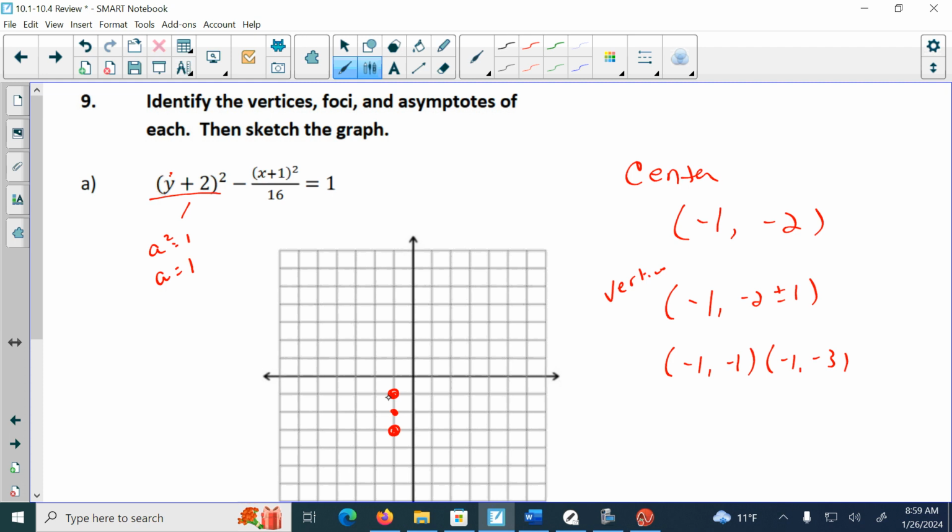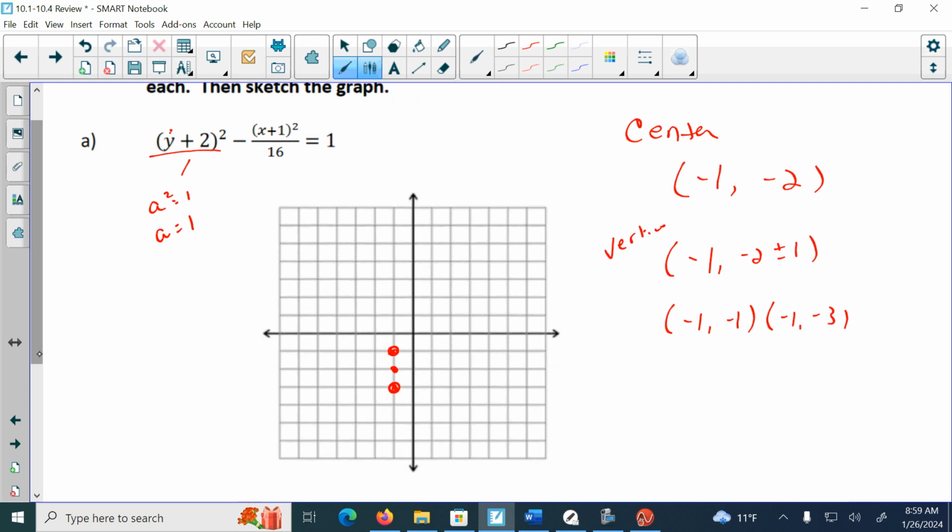Then if I identify the vertices, the foci, let's do the foci while we're here. The foci is going to be c squared is equal to a squared plus b squared. So c squared is equal to 1 plus 16, because remember the b squared is 16. So c squared is equal to 17, which means c is equal to the square root of 17.